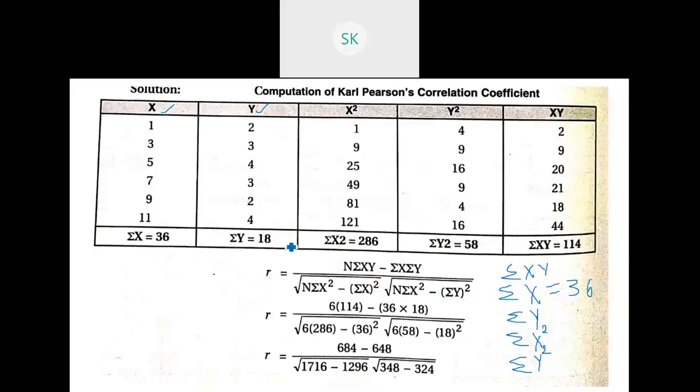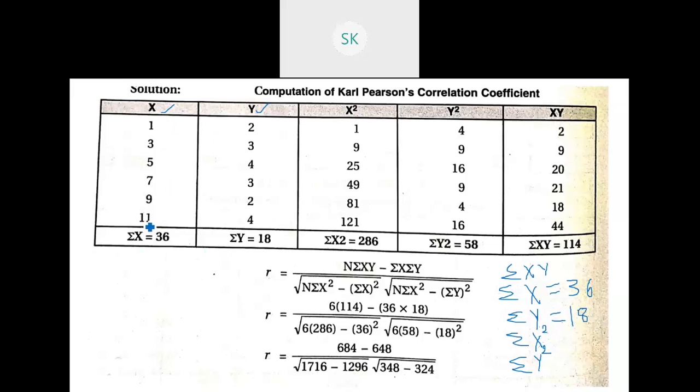So we got the first value. Next, add up all the values of y and you get summation y, which is 18. So directly from the question, we got two major values, sigma x and sigma y.